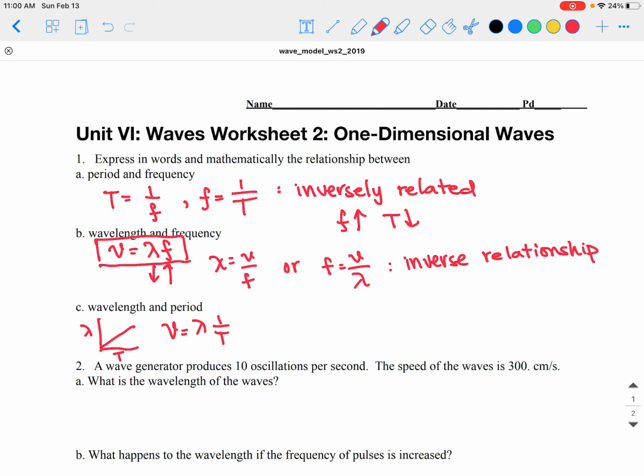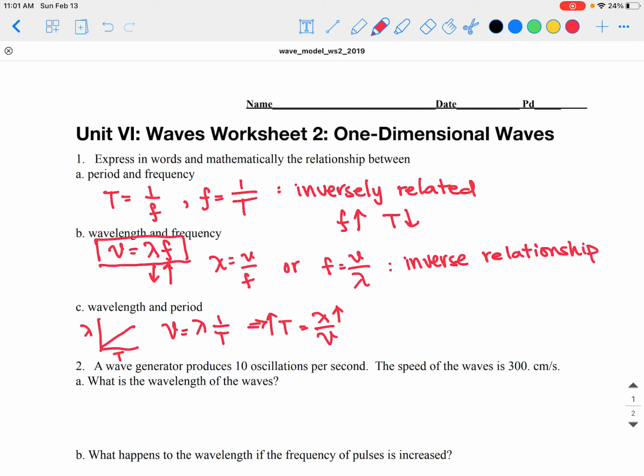If I rewrite it as period is equal to wavelength over velocity, since wavelength is in the numerator, as the period increases, the wavelength also increases.